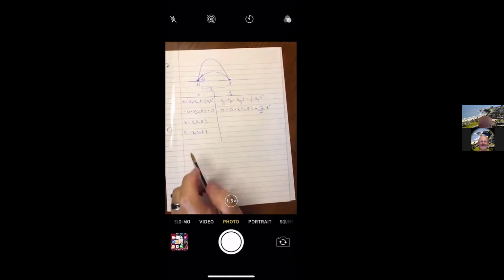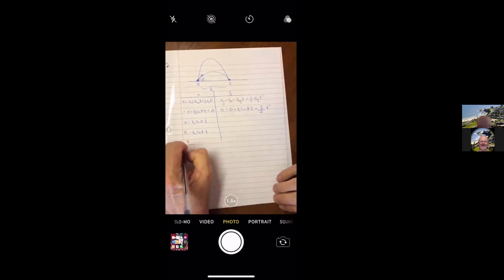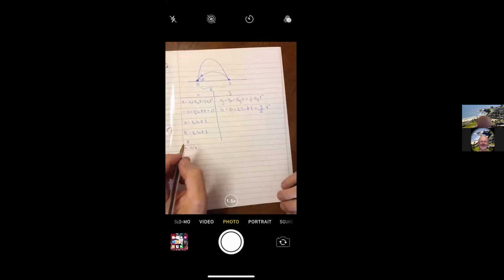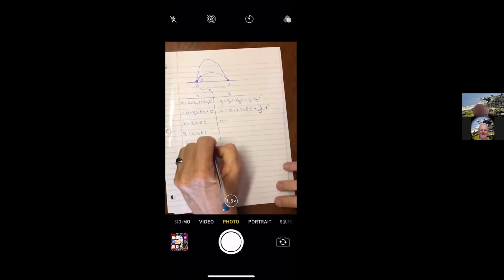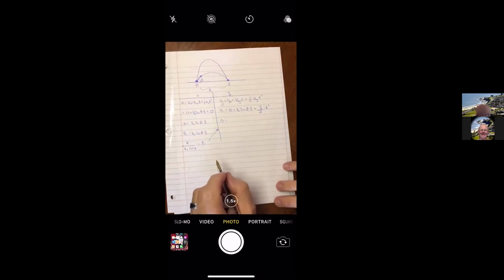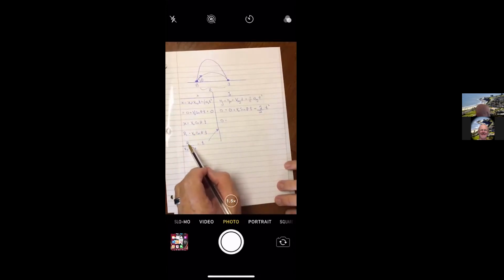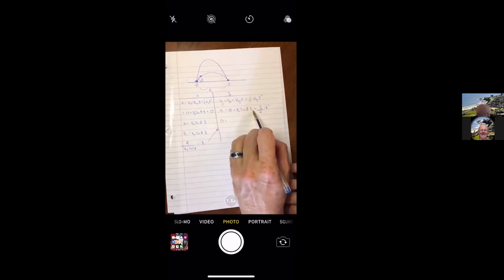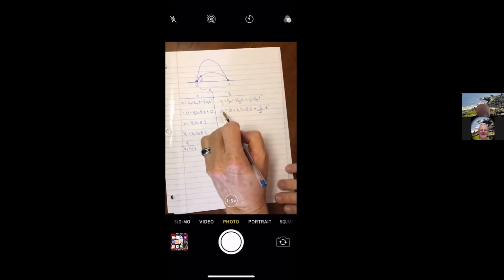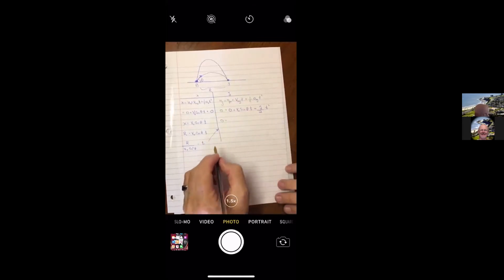Now, this question is not about the time, so I'm going to eliminate that by writing r over v naught cosine theta equals t. And I'm going to put that up here into the y motion. If r represents the range, then t represents how long it took to get to Juan, which is exactly what I want here, the time it takes to get back to 0, which is the vertical position of Juan.